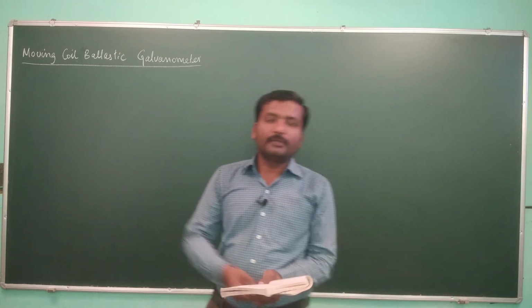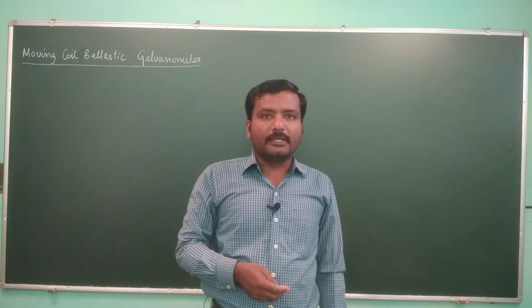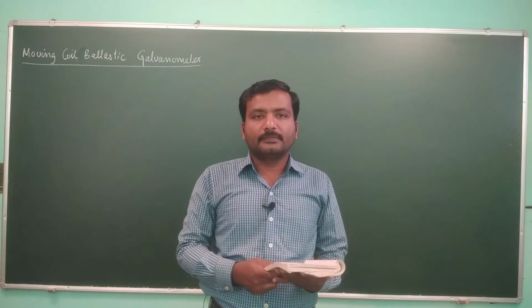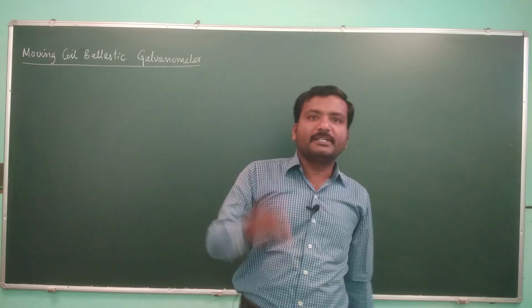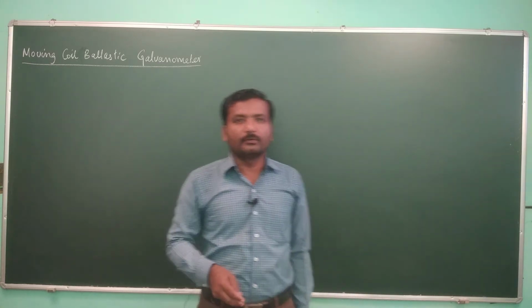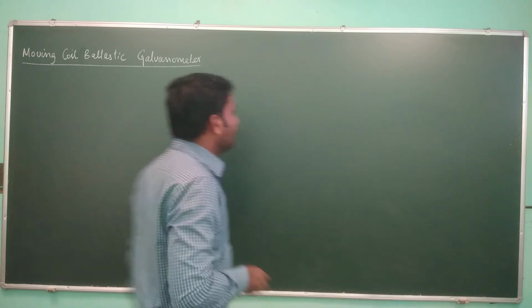When you pass a current to that coil, the coil experiences a force. That force is directed by Fleming's left hand rule. This is the fundamental idea that we already know. So this is the principle for the moving coil galvanometer and for the ballistic galvanometer as well.